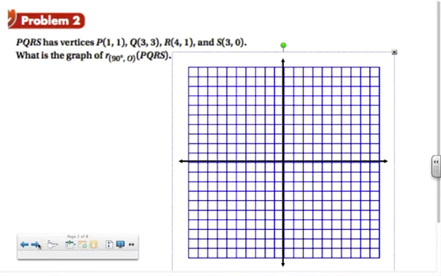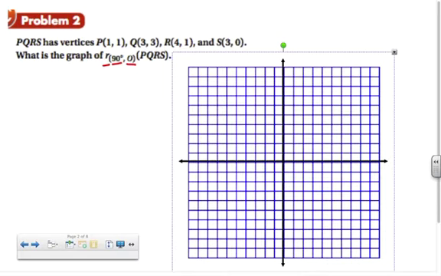In this problem, you're doing a rotation. That's what the lowercase r is indicating here. You're rotating it 90 degrees counterclockwise, as indicated here, and you're rotating it about the origin. That's the point 0, 0, indicated here. So we plot our points.